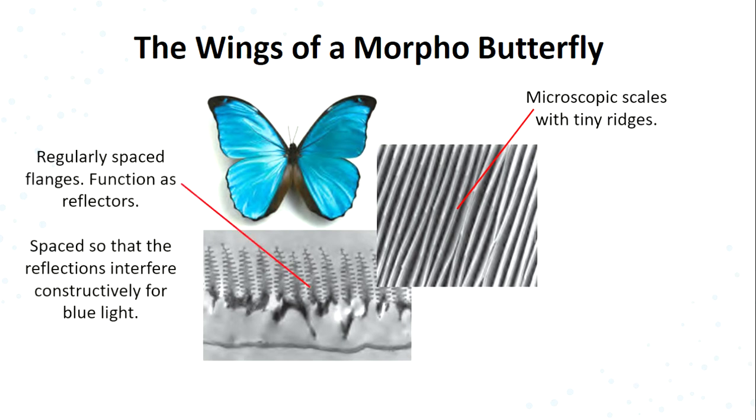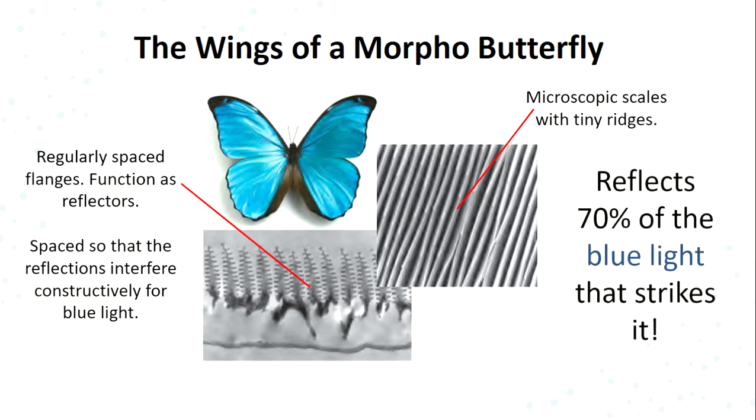These regularly spaced flanges function as reflectors. They are spaced so that the reflections interfere constructively for blue light. This allows the wings of a morpho butterfly to reflect 70% of the blue light that strikes it.